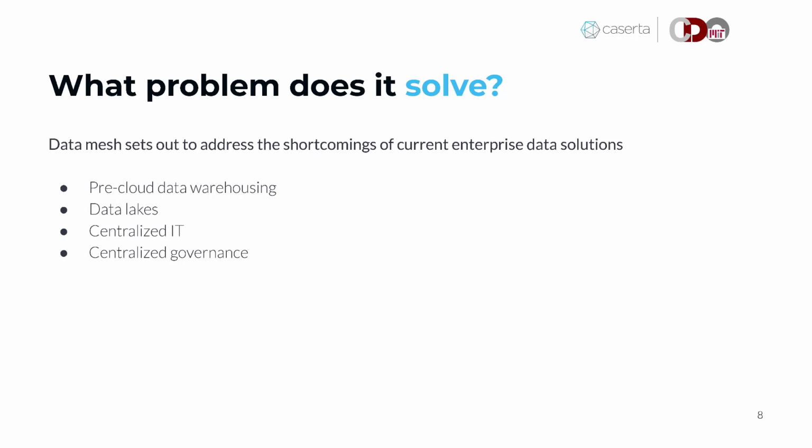And the one nice thing that data mesh is accepting is that distributed development is not the same thing as decentralized infrastructure. They believe that you still need centralized infrastructure. You still need centralized management of your infrastructure. But when you start developing your data products, that can start to be distributed.